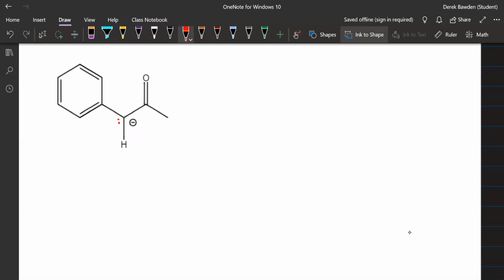So one way to fix this or to resonate this negative charge is to move these electrons onto here and form a double bond. And then that would break the octet for this carbon. So we need to kick off that double bond as well. Does everybody see why that would break the octet for that carbon?